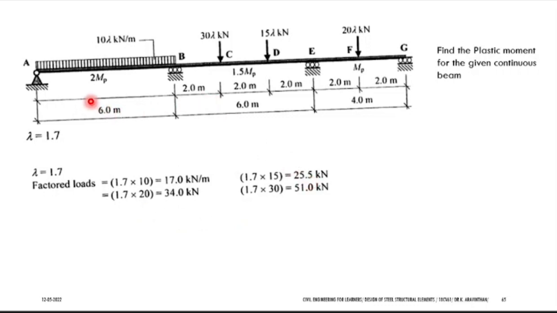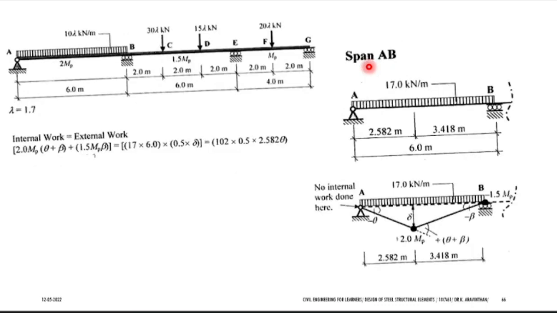Okay. Now what is the other difference in this problem? They have given 2 MP here. What do you mean by 2 MP? In the previous problem they have not given anything in the beam. But in this problem they have given, for span AB, 2 MP, for span DE, 1.5 MP, and for span EG, MP.